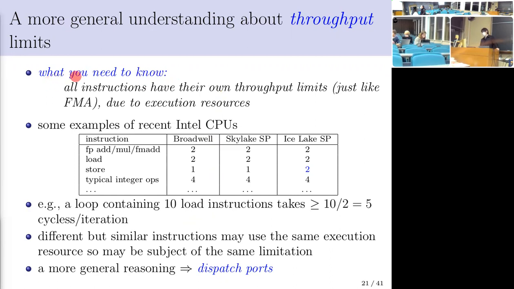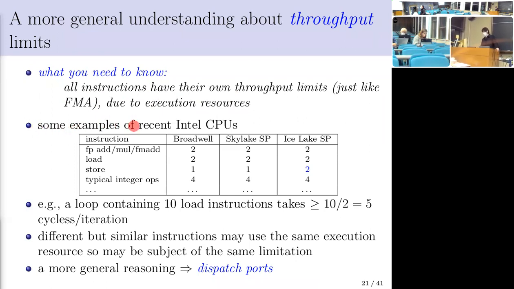All instructions, whether FMA or not, integer instructions, jump instructions, load and store instructions, have their own throughput limits, just like FMAs. FMA happens to have a throughput limit of 2 FMAs per cycle, but there are similar limits on all instructions. They all stem from the same reason: the processor has only so much execution resources.